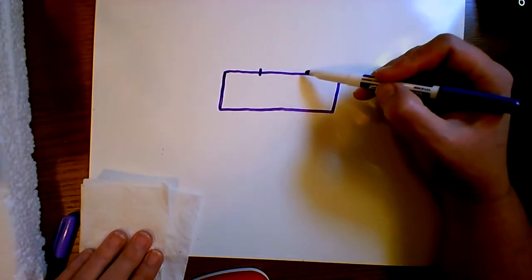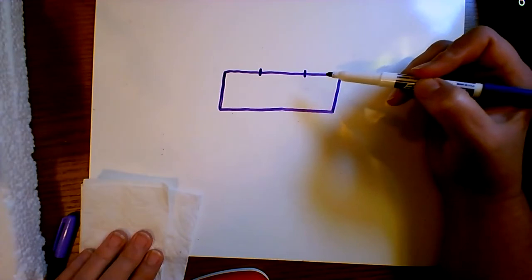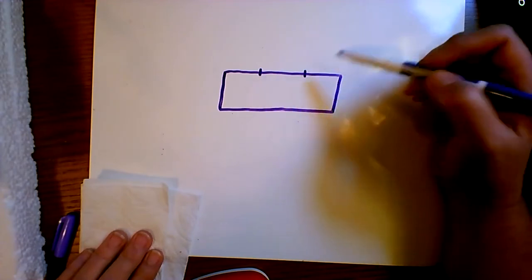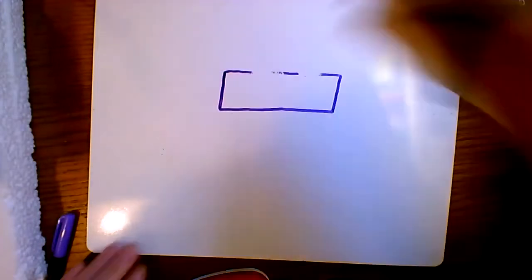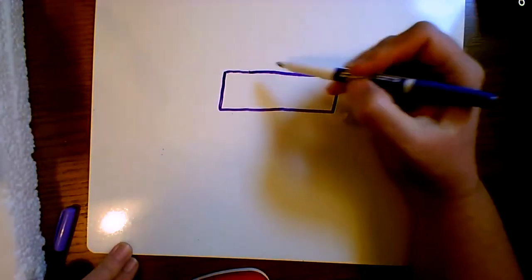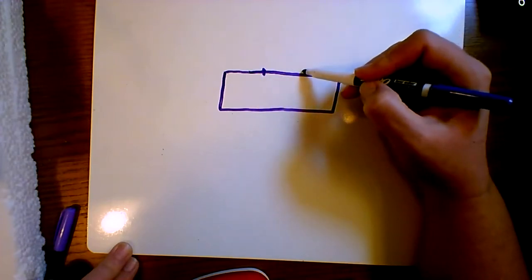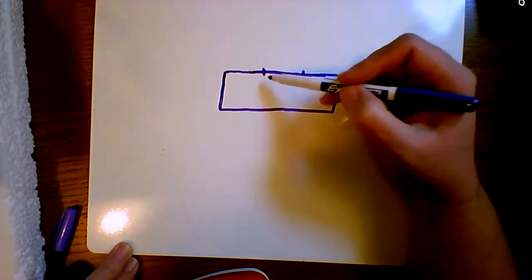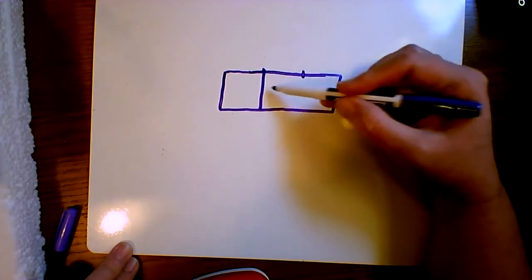Now sometimes it's good to make another mark just to see. I'm a little bit off and I'm not happy with that. So I'm going to go ahead and go back here and make the line. I think it's more like that. Okay, that looks better to me. So here's 1/3. And then this is 2/3.